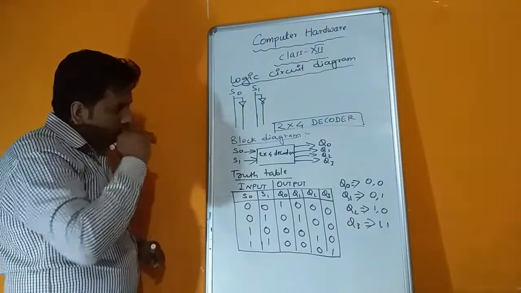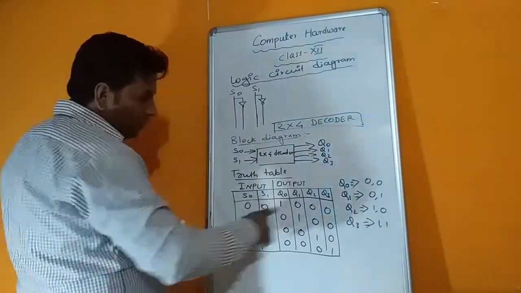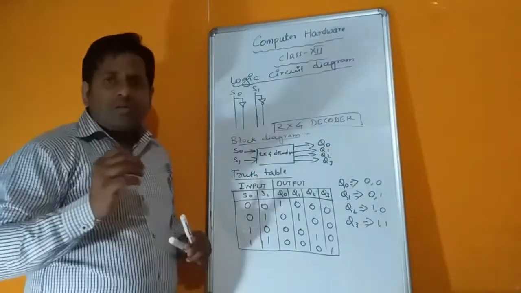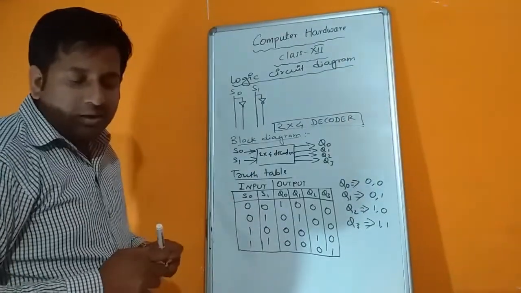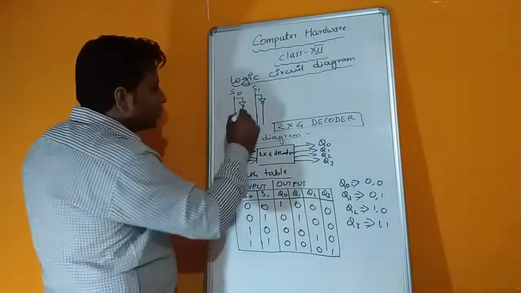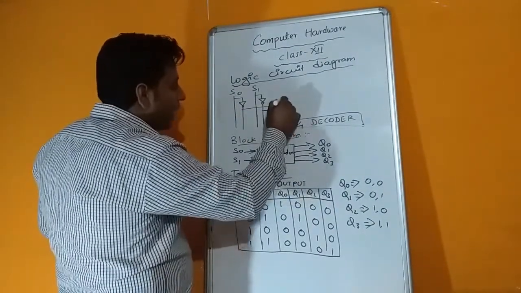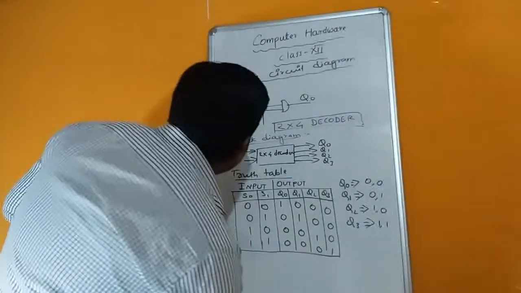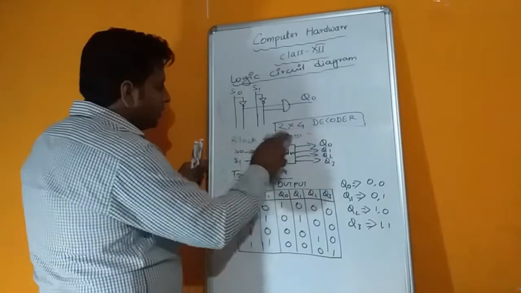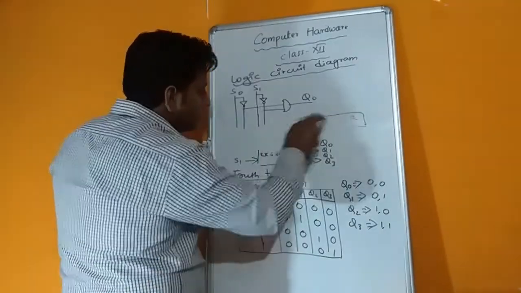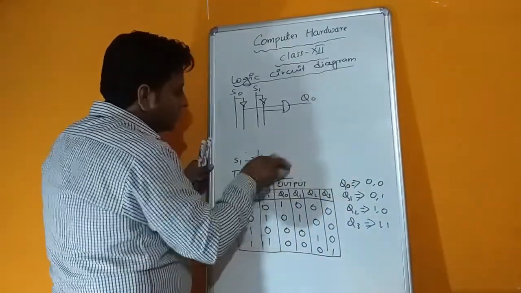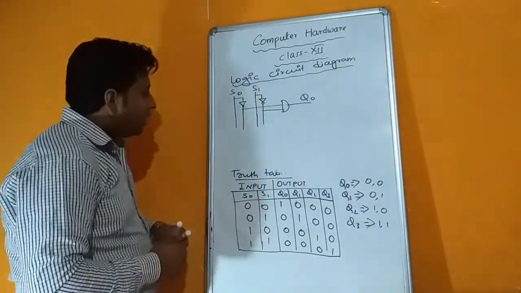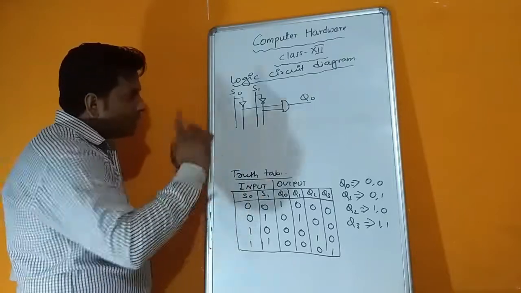Now for Q0, the value is 0, 0. Now here 0 is the complement part, 1 is non-complement. So this and this, and you have to make an AND gate. This is Q0. So now Q0 understood? 0, 0.